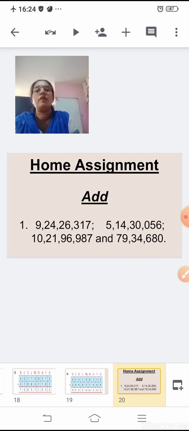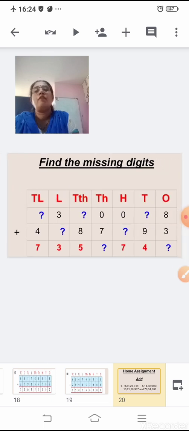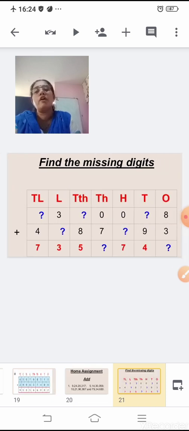You have to just solve it. Just draw a table, place the numbers and add the numbers. Okay, and one more sum is based on finding the missing digits, where you just see what the numbers are and carefully find the missing digits.